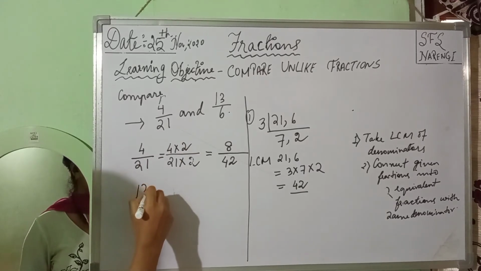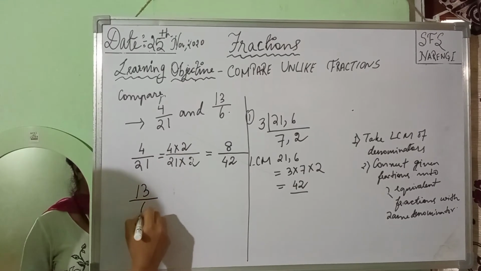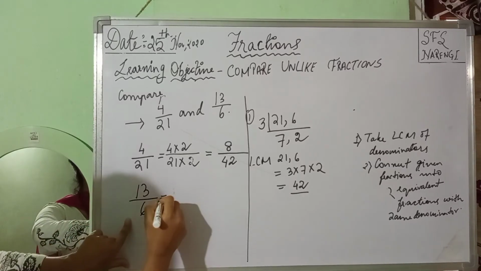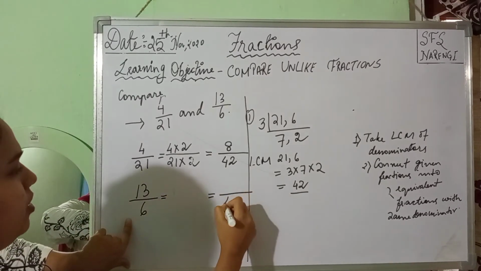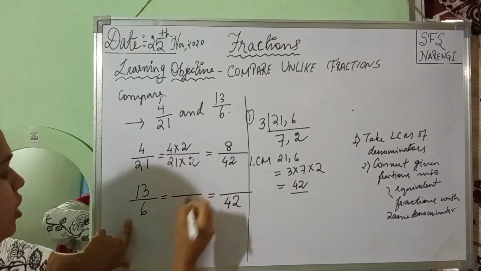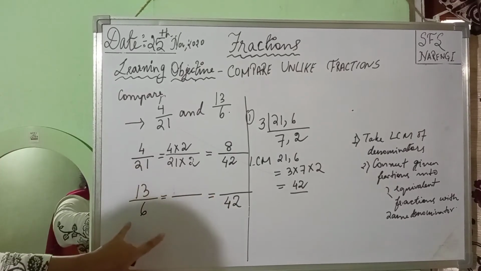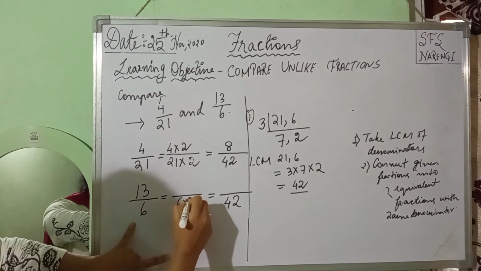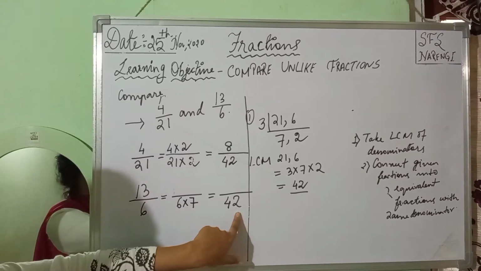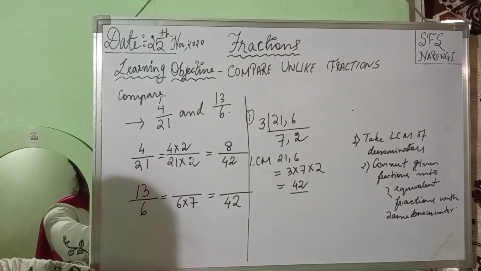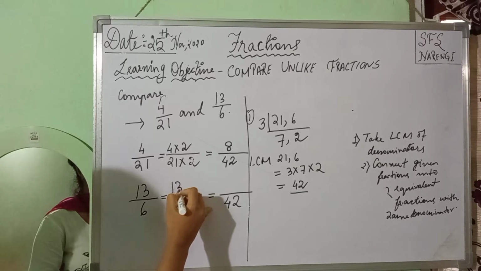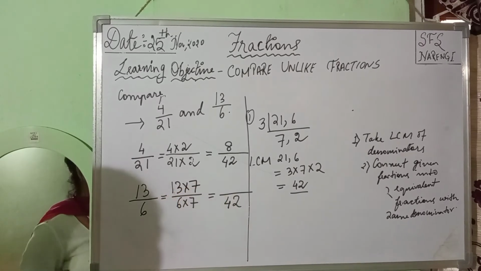Similarly, I will have to write 13 by 6 into an equivalent fraction with denominator 42. Okay. So if I multiply 6 with 7, I know that the product is 42. Similarly, I will also multiply 13 with 7. Alright.